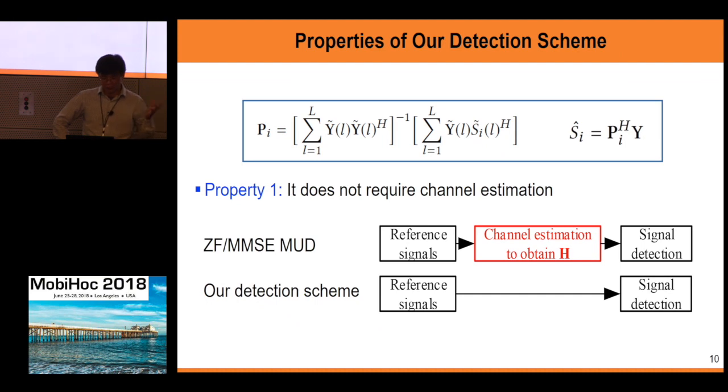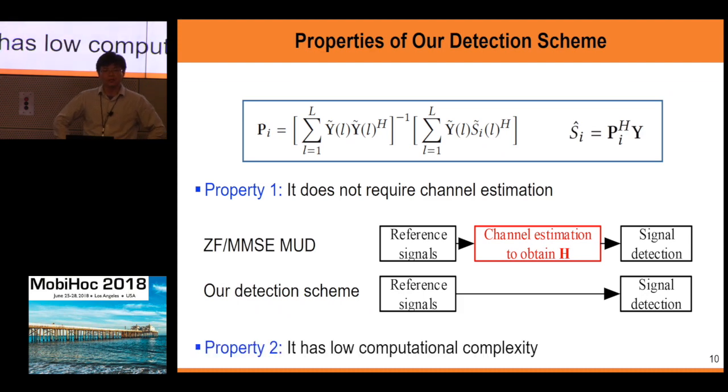If you think about zero forcing or MMSE decoders in wireless communication, whatever communication textbook you look at, it always says the first step is to estimate the channel with the reference signal. After we get the channel, we use it to equalize the channel and estimate the signal. But here, our detection scheme does not need channel estimation.